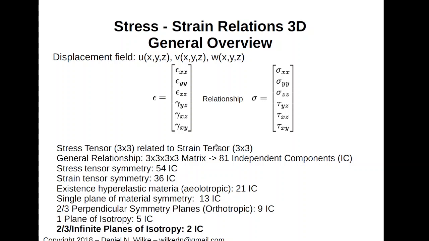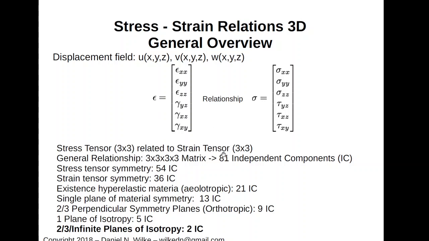Okay, so if I think about that from a pure relationship point of view, the most general linear mapping that I can build between those two things, from a 3x3 strain tensor to a 3x3 stress tensor, is a 3x3 by 3x3 matrix.